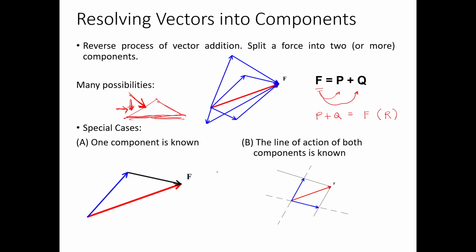Then we're only interested in the vertical load, so we need to resolve it into its components. Okay? In the other case, the line of action of both components is known. So if both our components are known, it's easier for us to resolve the components.